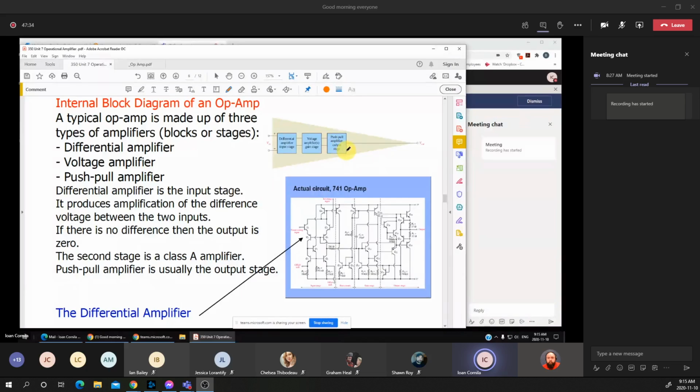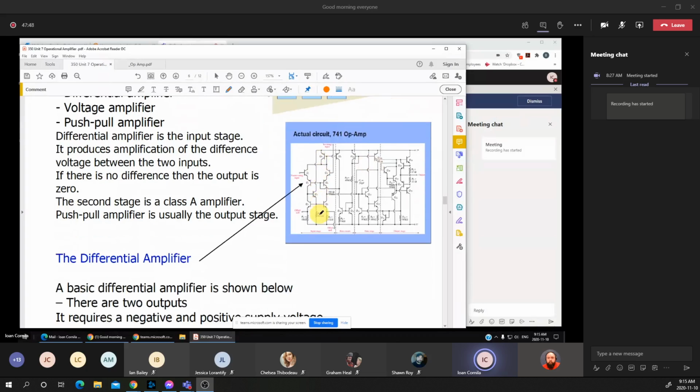And we discussed that, for a practical 741, it's 20 milliamps. The first stage we'll discuss in the next lecture tomorrow morning, just the first stage and how it's made, because we know how to model the differential amplifier using just 2 transistors.